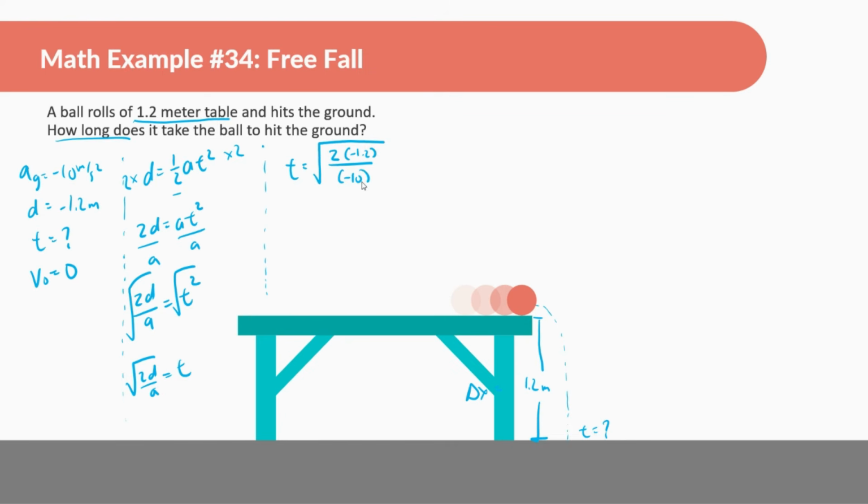Okay, so how I'm going to put this in my calculator, if you are struggling with that, is I'm going to be doing 2 times negative 1.2 first, then click enter, and then I'm going to divide that answer by negative 10. Great, and then I'm going to find the square root of that. Okay. And then I actually find that the time is 0.49 seconds.